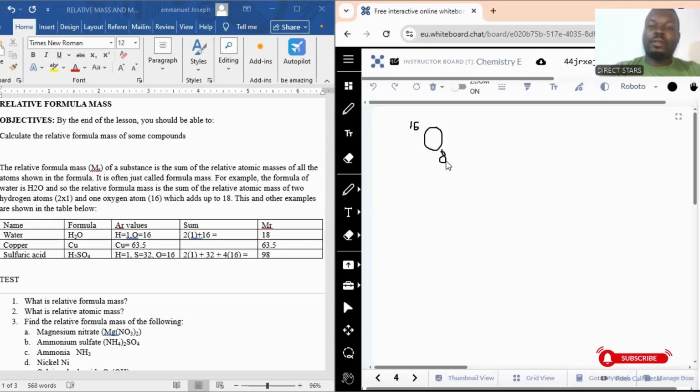The number down here, the subscript, is known as your atomic number, while the number above is known as your atomic mass. This is the atomic mass, and this is the atomic number, number 8.